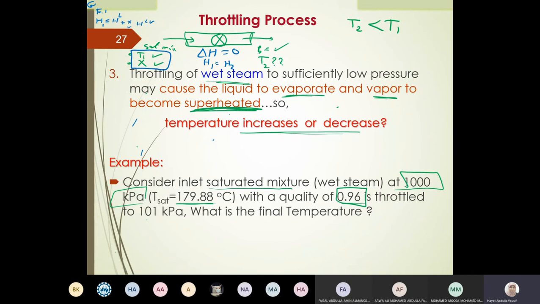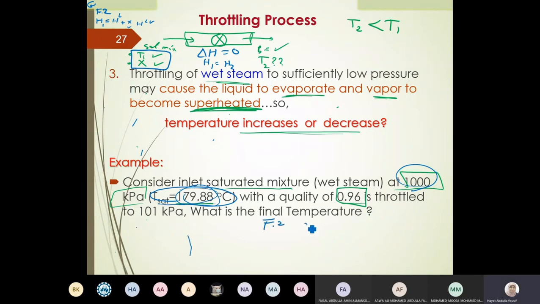If you use table F1, you will need the temperature mainly. If you use table F2, you will need the pressure. My suggestion is that you use table F2 because the pressure is 1000 kilopascal and it's there, rather than using fractions of temperatures, because you have a temperature that is 0.88, and then you may need interpolation in table F1.